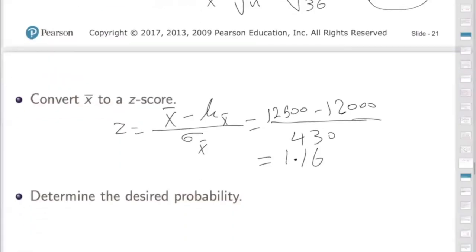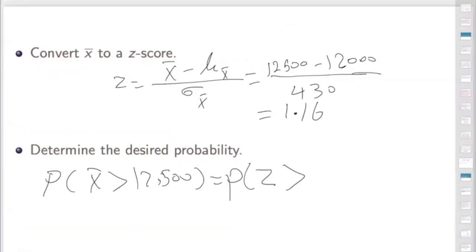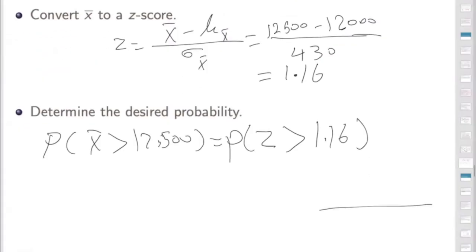So the probability we need to find, the probability that x bar greater than 1250 is equal to the probability that z greater than 1.16. Of course, if you draw this, you have 0 in the middle, 1.16 is here, and you need this area greater than.